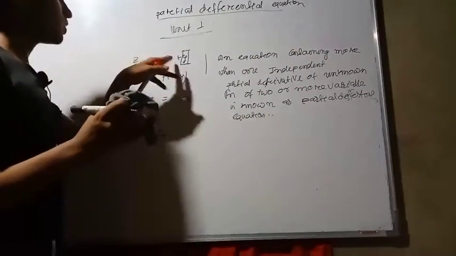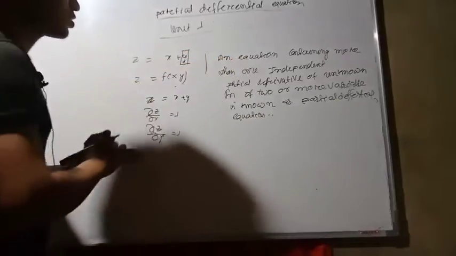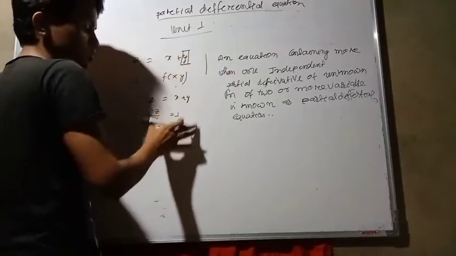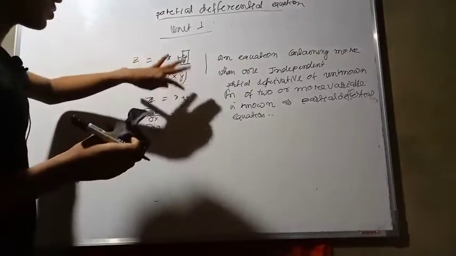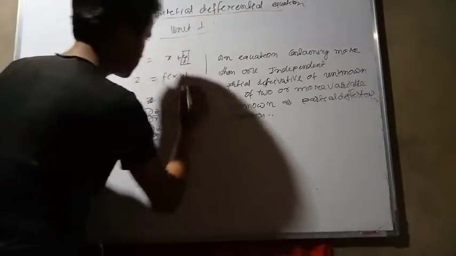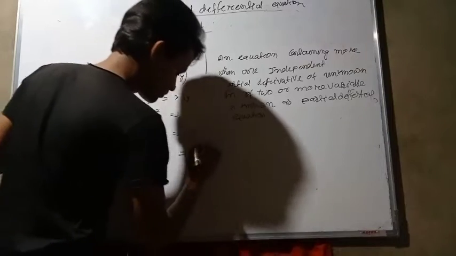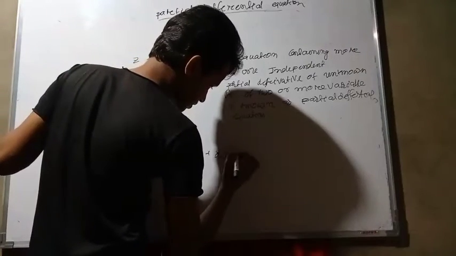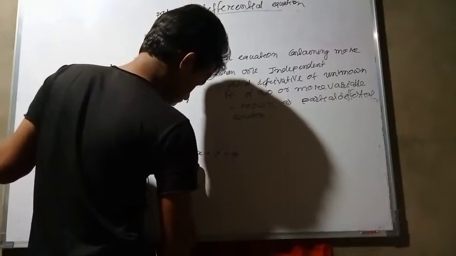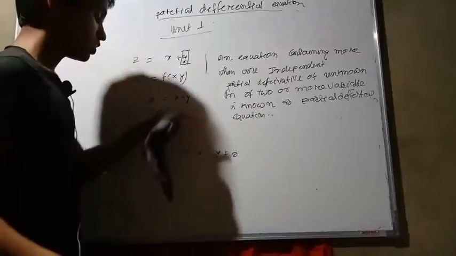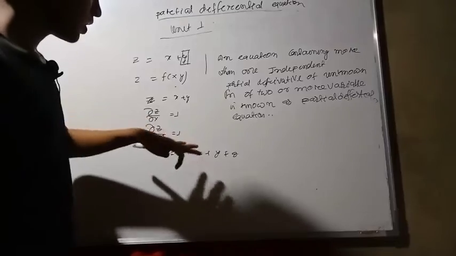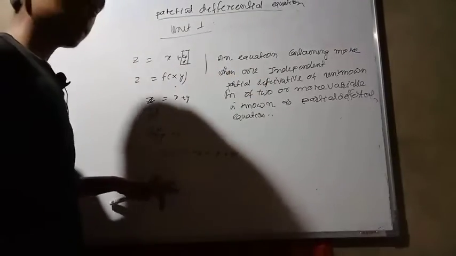If z is a function of x and y, and beside these two variables I take more, say z equal to a function of x, y, z and w, then we can differentiate with respect to the four variables, and that will be a partial derivative.